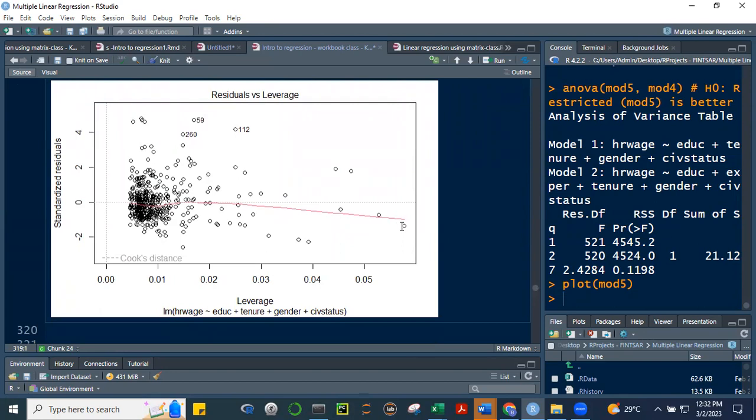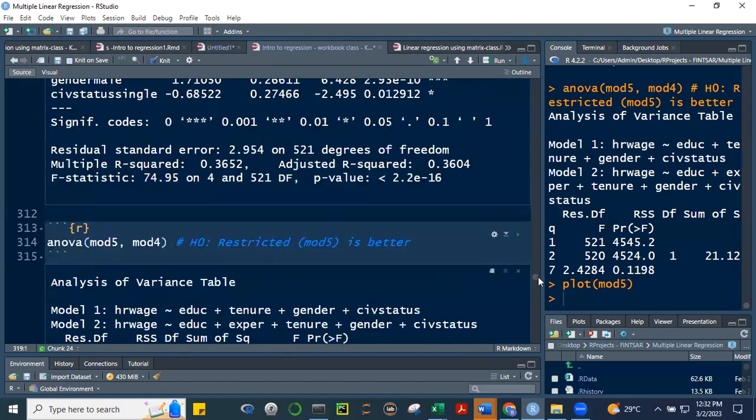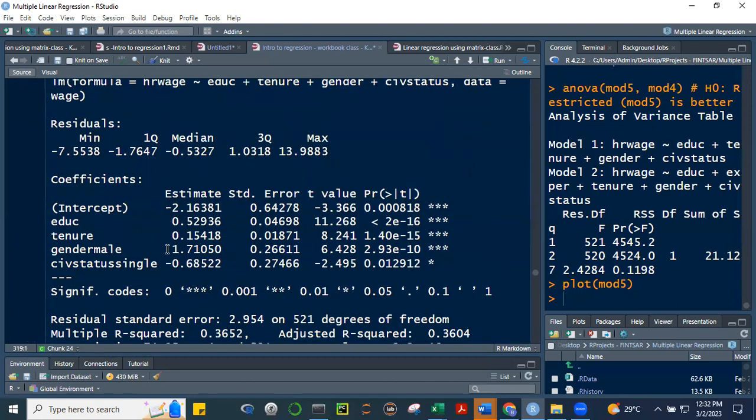Kasi pag may mga leverage points tayo, ibig sabihin nun, ito yung mga points na nakaka-affect ng value ng mga parameters natin, yung coefficients natin. Kung may mga leverage points, it means that malaki yung effect niya dun sa mga estimates natin. So dapat babantayan natin yung leverage niyan.